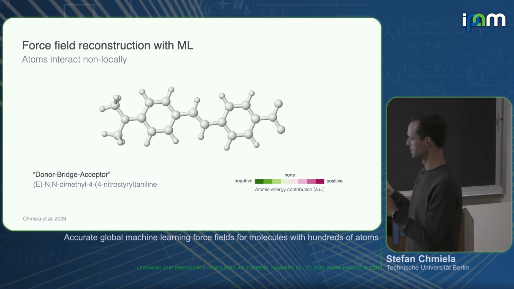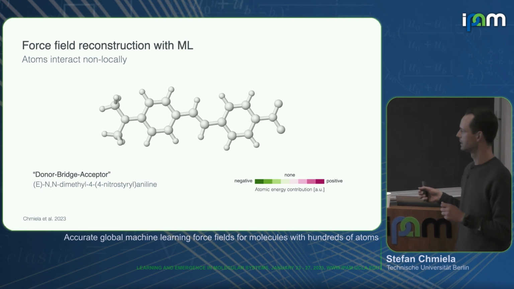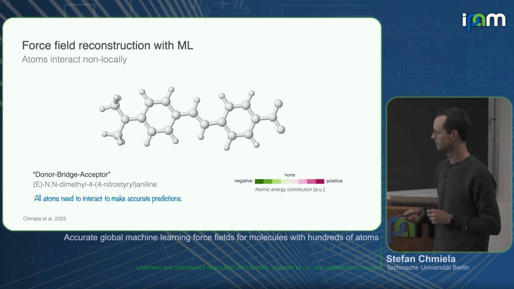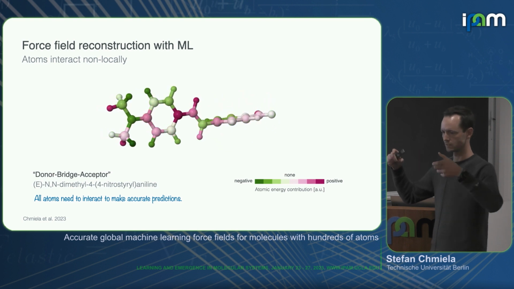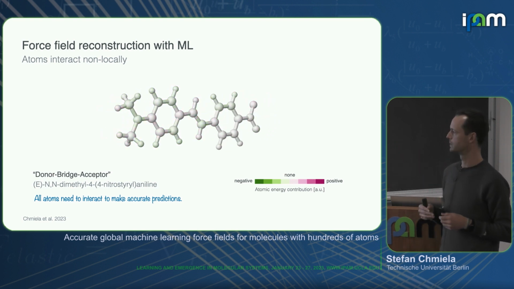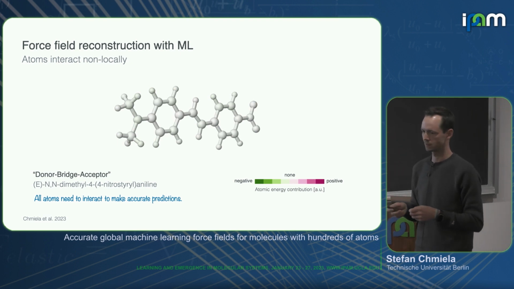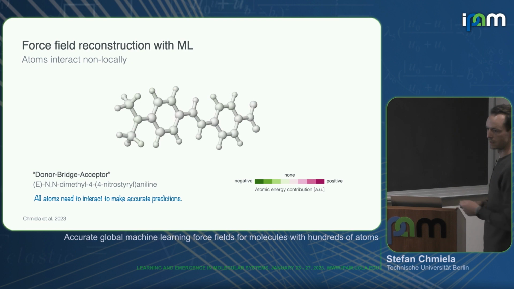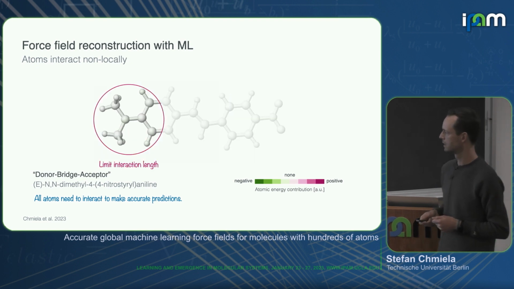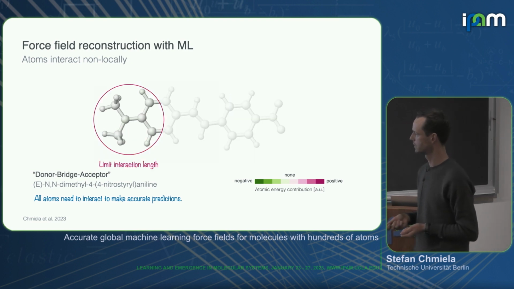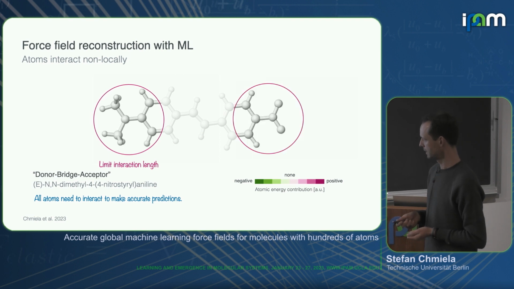So in this particular example, the orbitals located at the two rotors at the end of the system overlap, which means that if we rotate this one part of the molecule, all of the atoms contribute. They all interact non-locally, and a global model would be able to represent this interaction, versus a local model that introduces a cutoff, which would not see this interaction.